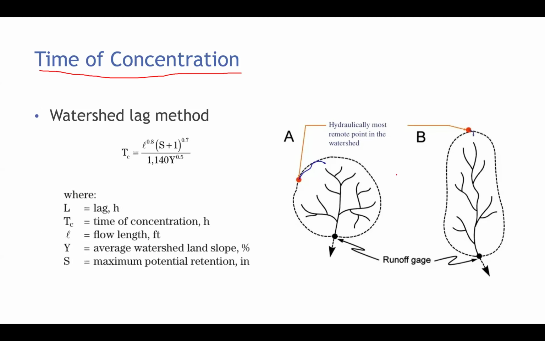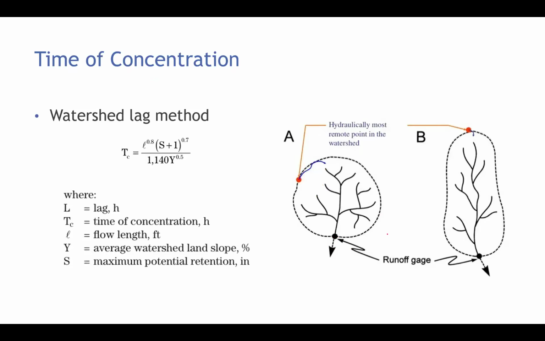Let us say if I take these two catchments, a raindrop falling here may enter into any one of these streams, it has to flow on the surface and reach the outlet here. So how much time it takes for the raindrop falling at the hydrologically most remote point of the watershed to reach the outlet, that is called time of concentration.